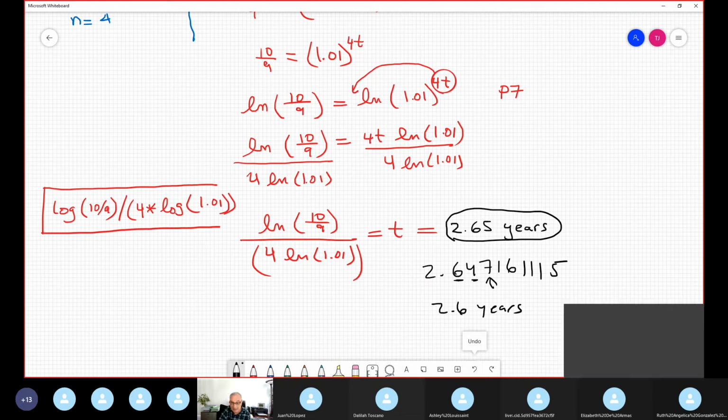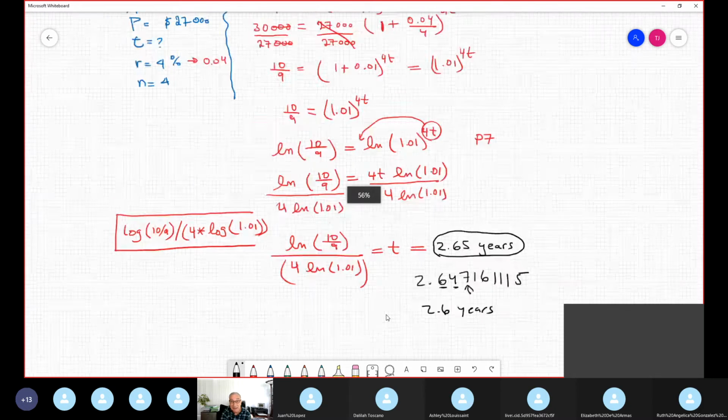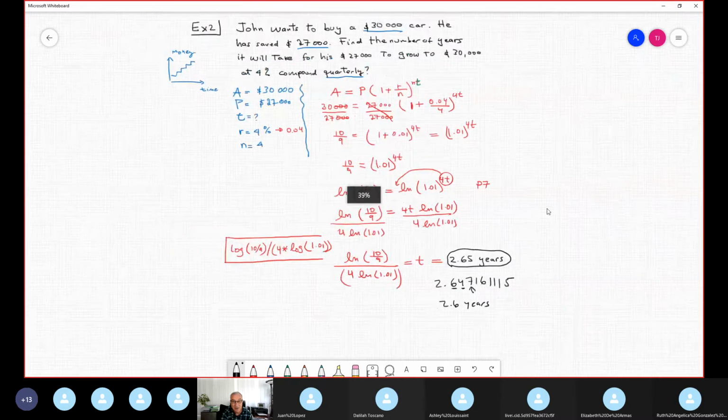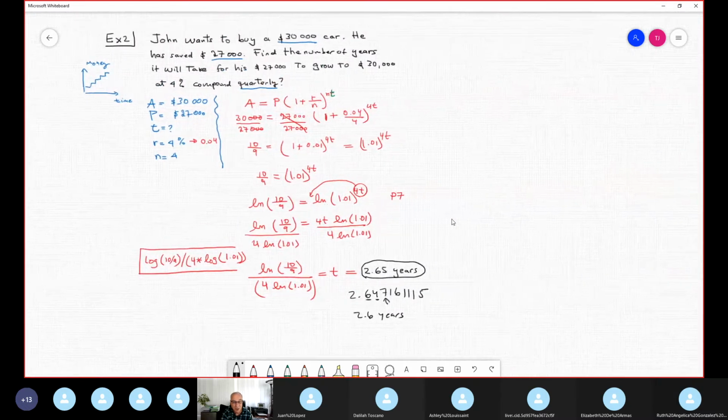You round to the specification. Don't worry, on the test and the Aleks online, the specification will say: express your answer using only 2 decimal places, or 1 decimal place, or 4 decimal places. So this idea is always clear. Don't worry about this. Any question? This is a little bit more complicated, right?